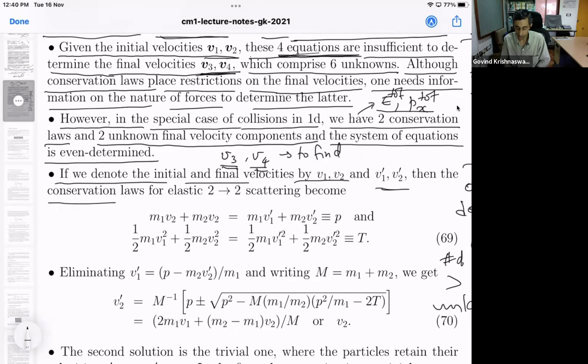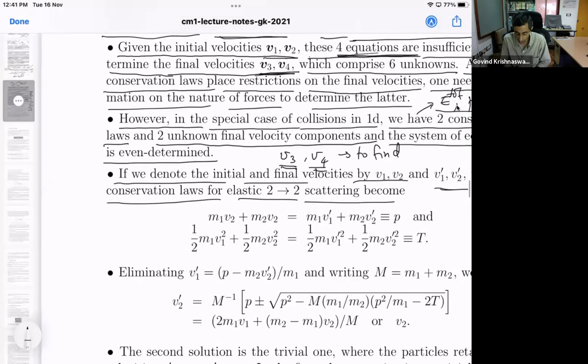Then the conservation laws for elastic 2 to 2 scattering become the following pair of equations. I'm thinking of this in one dimension. To draw a picture, we have a particle coming in, another particle coming in, with masses m1, m2 and velocities v1, v2. This is a kind of idealized situation: they're point particles moving along a line.